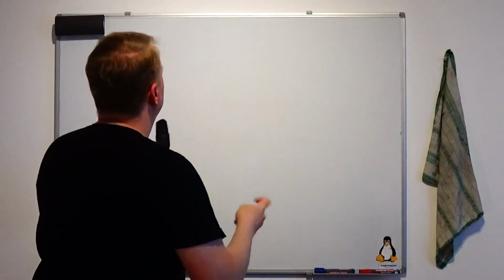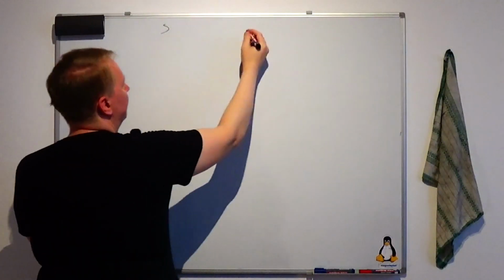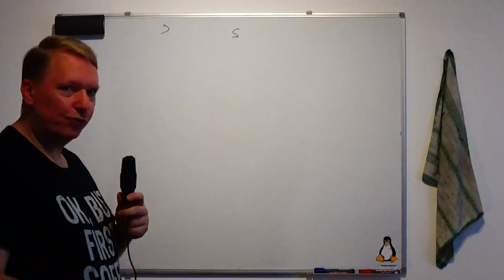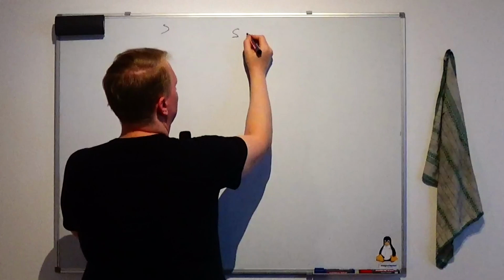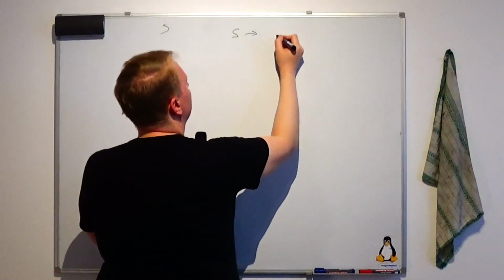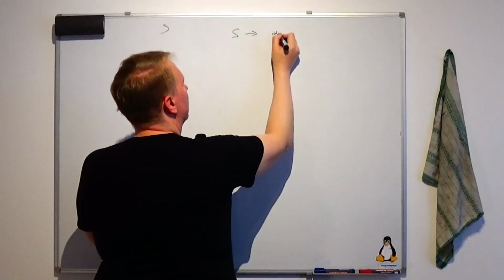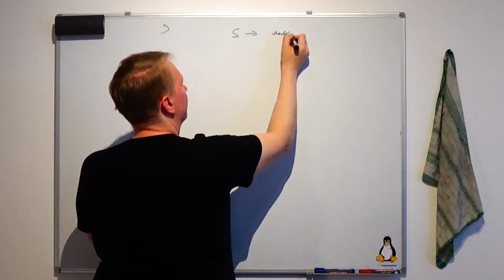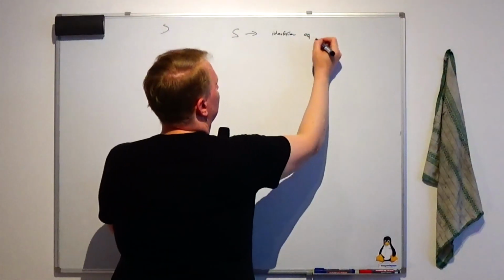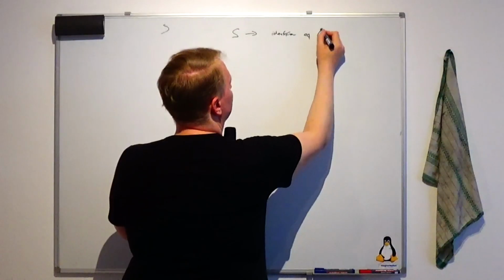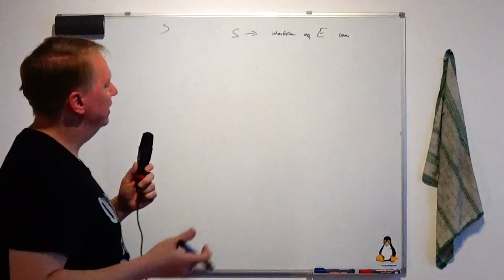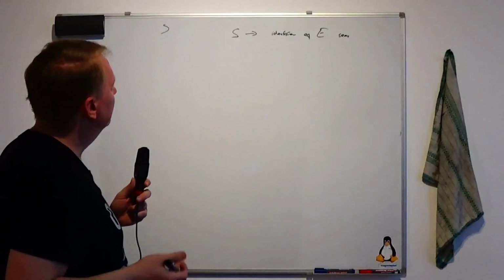So let's say your start symbol is an S, and let's say that represents a statement in a programming language, then something that you might have as a right-hand side is an assignment, like identifier for a variable name, for example, equals an expression, semicolon. That could be a statement.